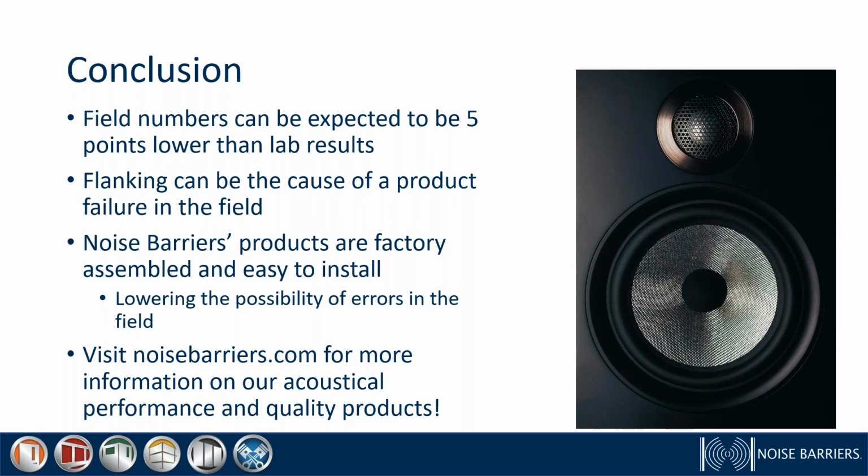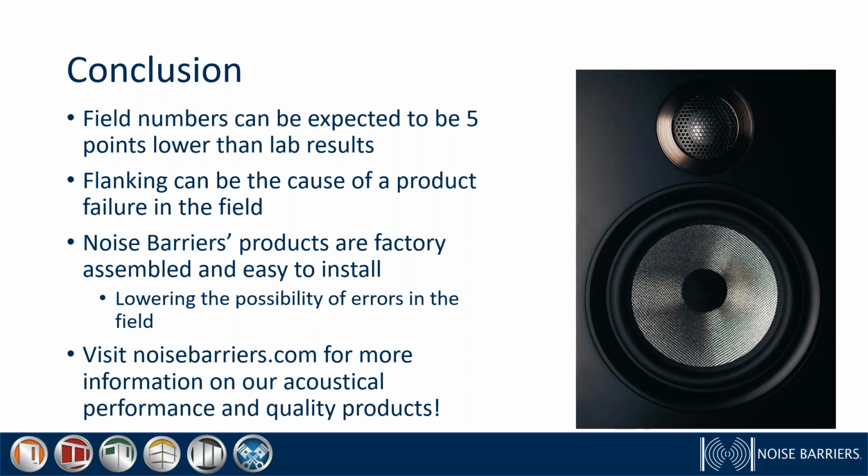So, just to summarize some of what we talked about throughout the presentation. The field numbers, if you remember, can be expected to be about 5 points lower than the lab results. Flanking can be the cause of a product failure in the field, along with quite a few other issues as well. Noise barrier products are factory assembled and easy to install, lowering the possibility of error in the field.